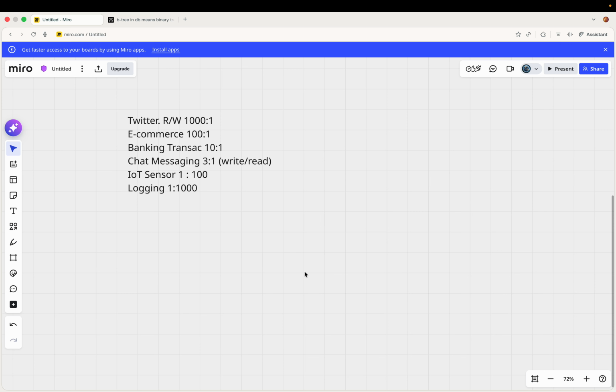Let's say we have a system which has 90% reads and 10% writes, but still the writes must be strongly consistent. How will we design it? It should be strongly consistent, not eventually consistent.